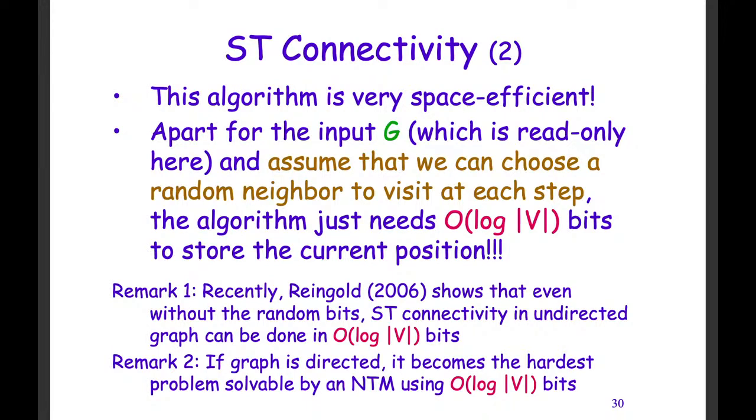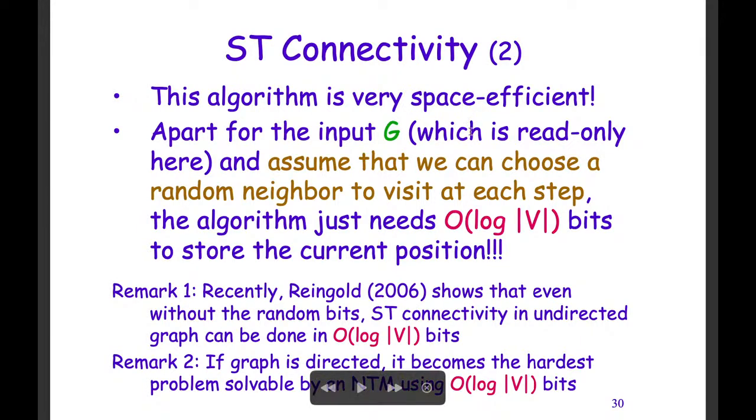We don't need to memorize, because it is actually a Markov chain running. As long as we have the input graph G, we can assume that this input graph G is read-only, so you cannot use the space of the input graph to do anything else. Then the extra memory that we need is to store the current state, so that we can update the next state again and again after each step.